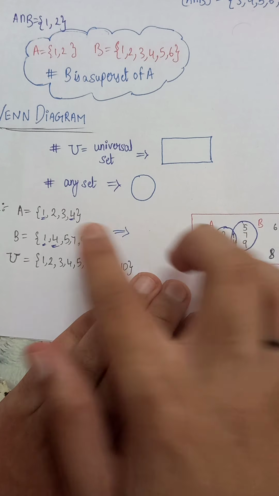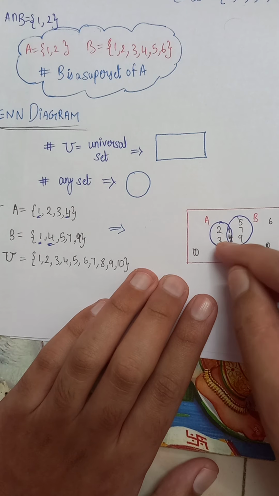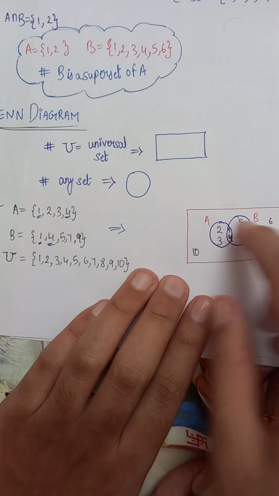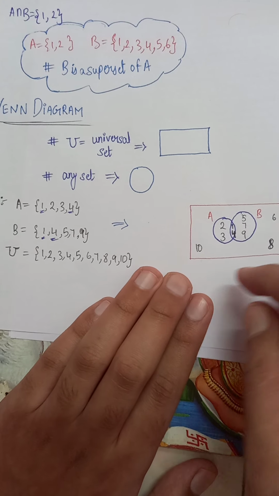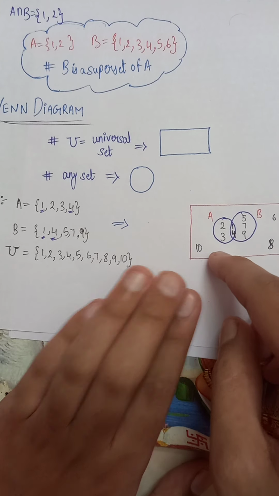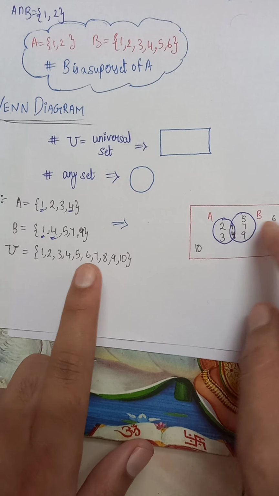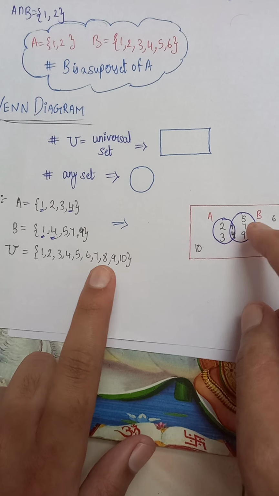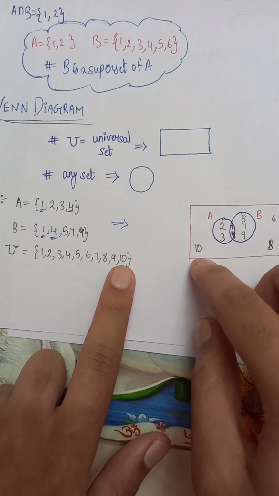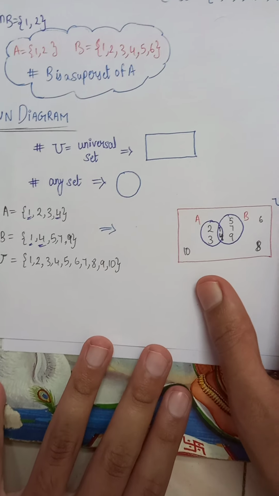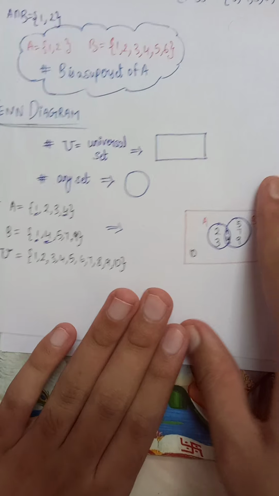Set A is 1, 2, 3, 4. Set B is 1, 4, 5, 7, 9. Universal set is 1, 2, 3, 4, 5, 6, 7, 8, 9, 10. We successfully represented it correctly.